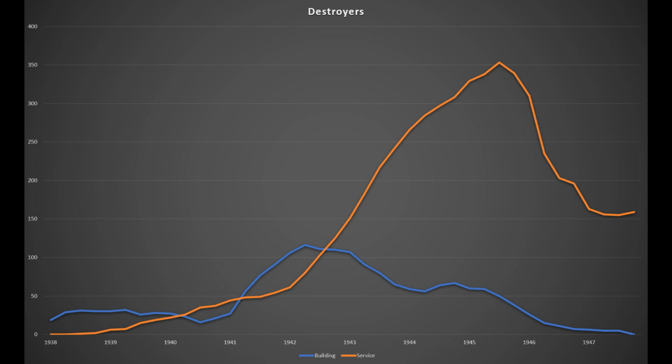But also, destroyers are being completed a lot faster. So a destroyer that goes from being laid down to launch to commission inside, say, a year is only going to occupy a slot on that blue line for 3 or 4 quarter blocks before it moves over to the orange line. Whereas in the pre-war period, that destroyer would probably have taken 1.5 to 2 years occupying the blue line.